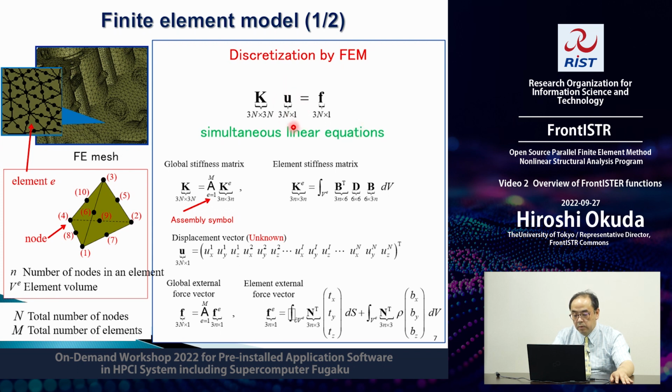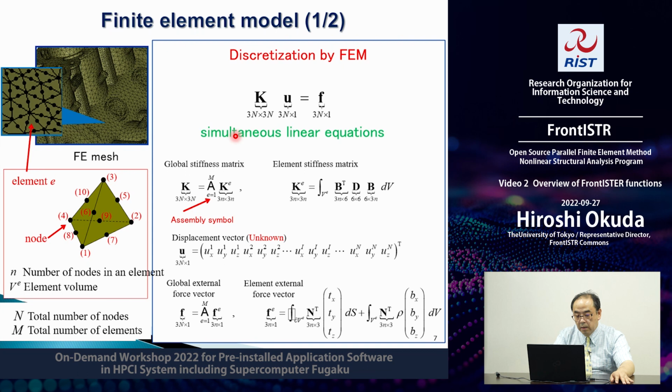The unknown vector u is the series of displacements. At each node, three components of displacement are defined, ux, uy, and uz. So the length of the vector u is 3N. N is here the total number of nodes.